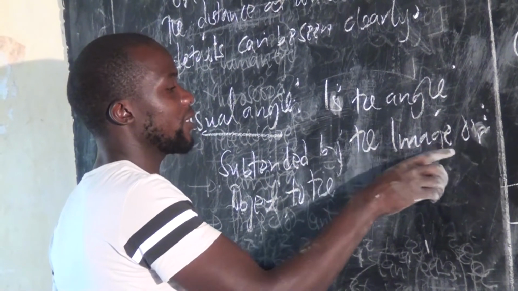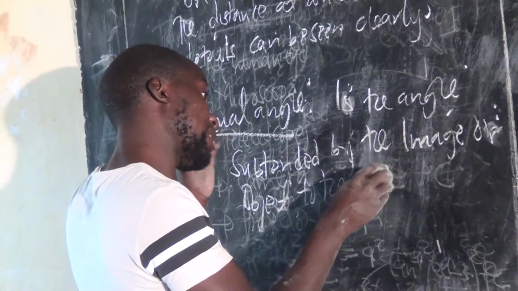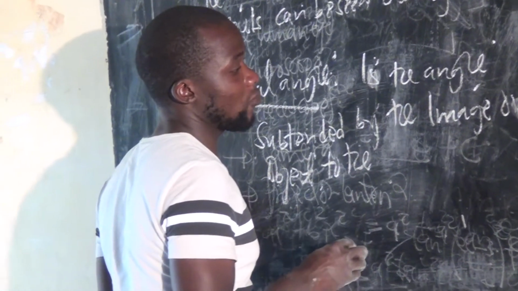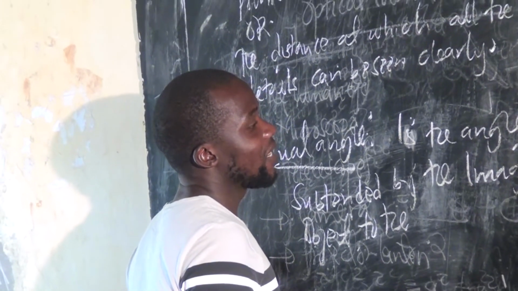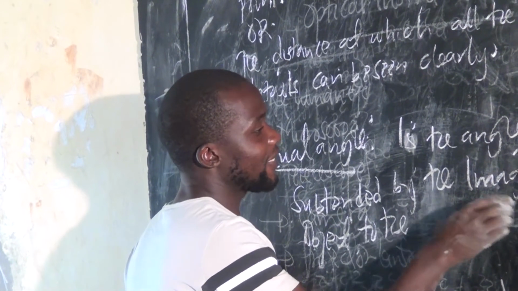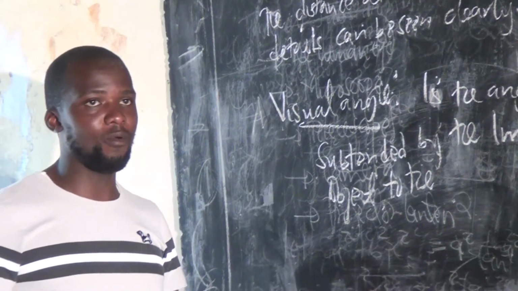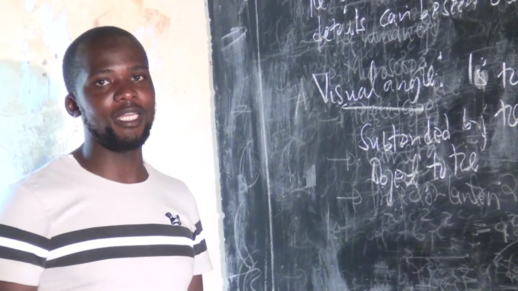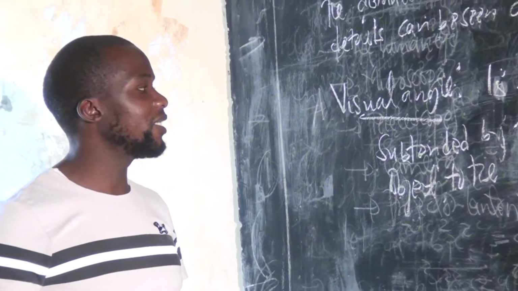If it is subtended by the image, then that would be the aided eye. But if it is subtended by the object, the eye would be unaided. I will explain the difference between unaided eye and the aided eye.